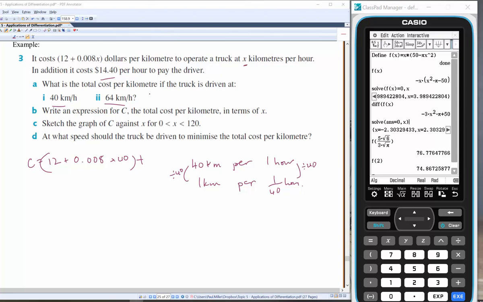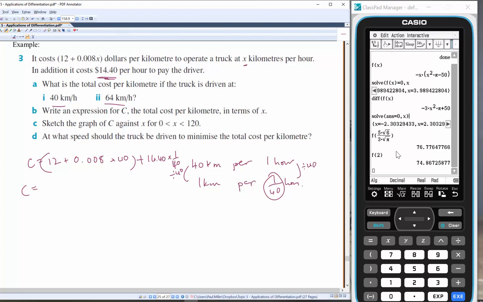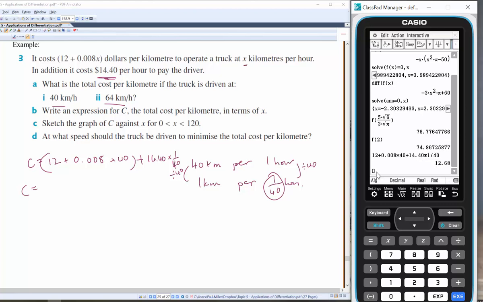So that then represents the time fraction of what it takes. So we're going to do 14.40 multiplied by 1 over 40. So the cost is going to be, and let's just pump this into the calc, 12 plus 0.008 times 40 plus 14.40 times the time fraction there.